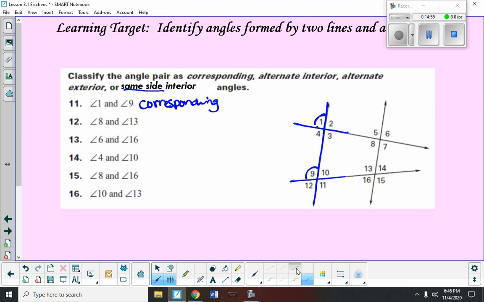All right, let's go to 8 and 13. And again, what makes up angle 13 and angle 8? These lines here. Now, these are between the two lines, so they're interior and they're on the same side, so that would be same side interior or consecutive interior.